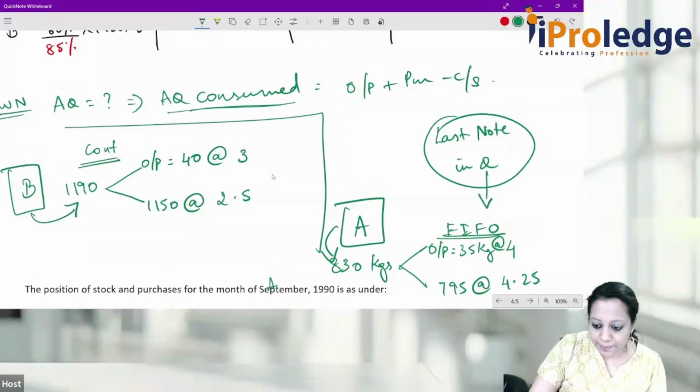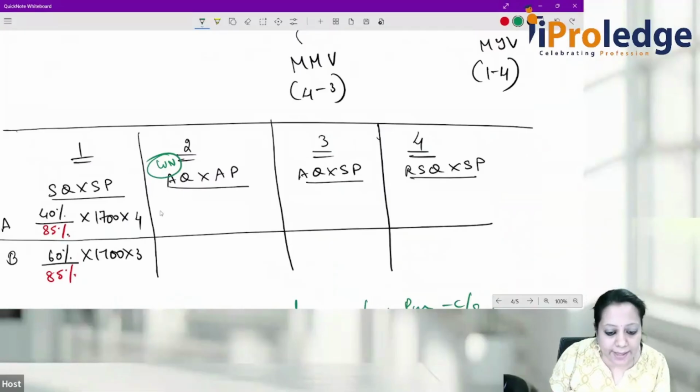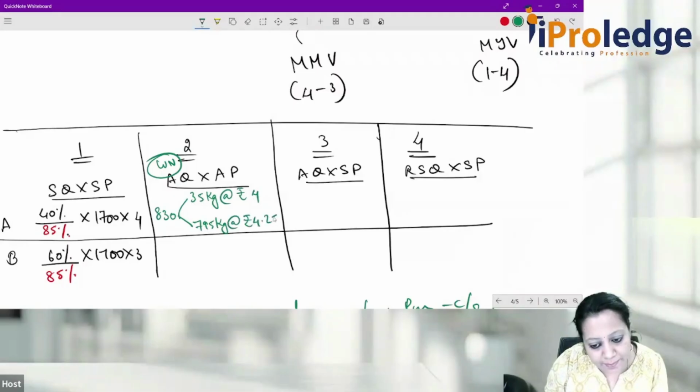Students, now I want your help. From the previous, whatever we wrote, we will write here. 830 should be written as what? 35 kgs at the rate of rupees 4 and 795 kgs at the rate of rupees 4.25. Correct.